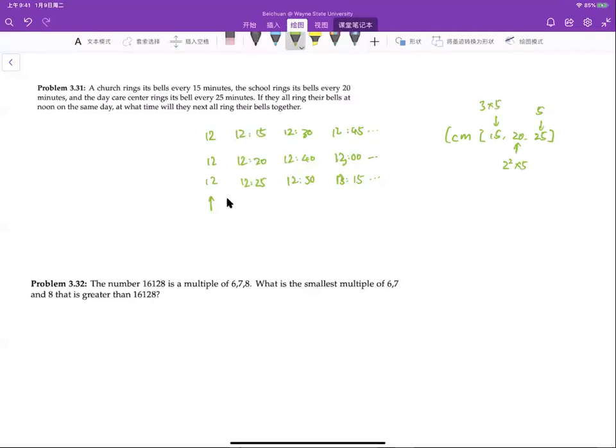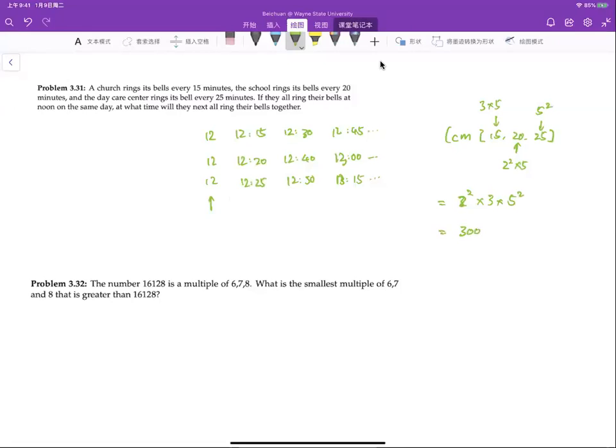So their least common multiple will be 2 squared times 3 times 5 squared. So eventually you can calculate the answer, which is 300.